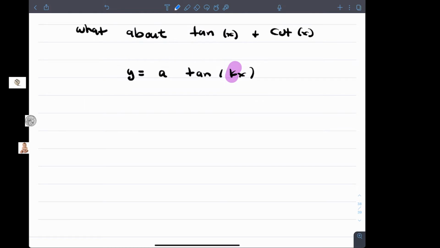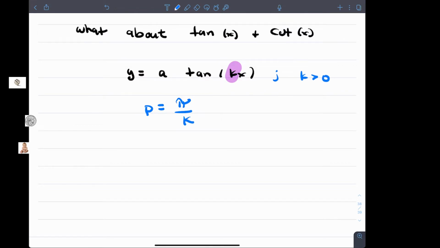Okay? So I want you guys to know A could be positive or negative. They want k again to be what? Positive. So you use the even odd format again. But your period here is pi over k now, interval of 1 cycle.